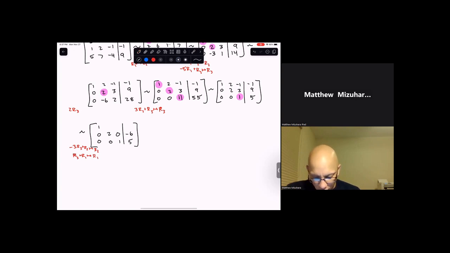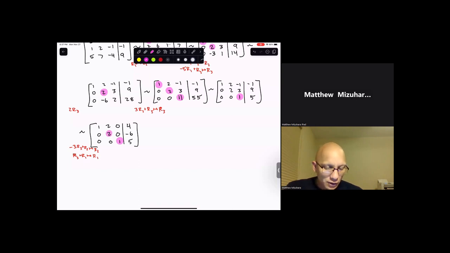So again, the zeros don't change the 1 and the 2. 1 plus -1 is 0. And 5 minus 1 is 4. Okay, wonderful. And at this point, we're almost done, right? So I now have zeros above the pivot.